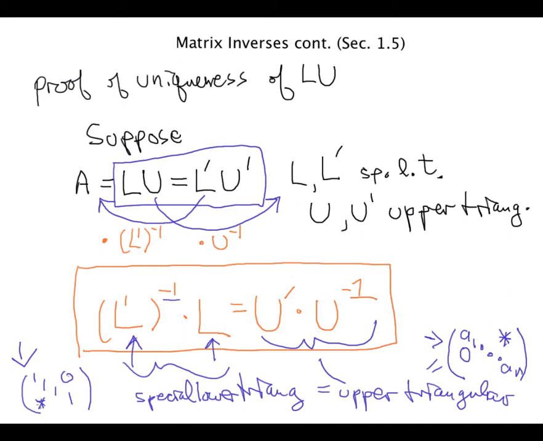Ones on the diagonal, zeros below and above. You have to have zeros below because of this. You have to have zeros above because of this. And you have to have ones on the diagonal because of this. So both of these matrices are equal to the identity. And that says that L is equal to L prime, and U is equal to U prime.